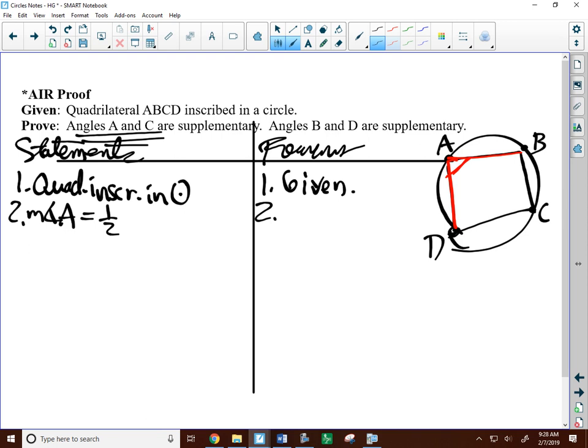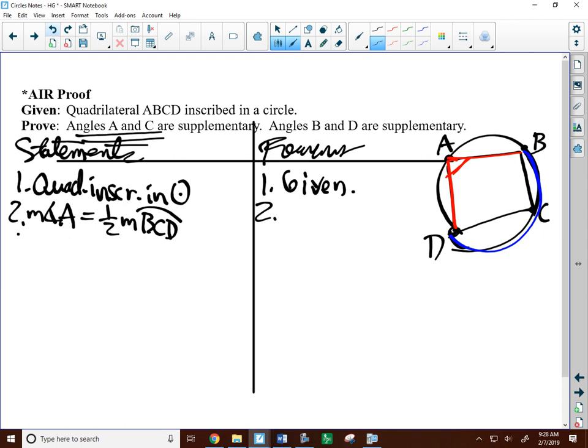The arc that it goes to is BCD. Now, by the way, I will not know, based on the diagram, if it's a minor or major arc. I'm just going to list them all as major arcs. So I'm going to write half the measure of arc BCD. It may very well be that it's actually arc BD, like a minor arc, but I'm going to write them all as major arcs for today.